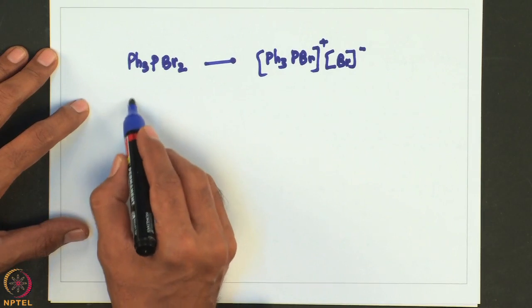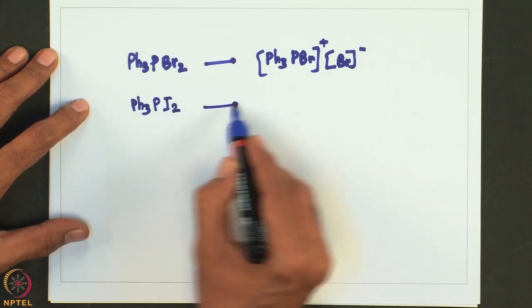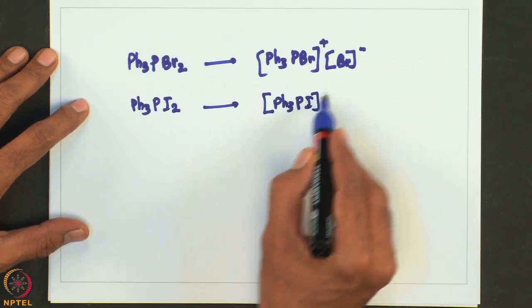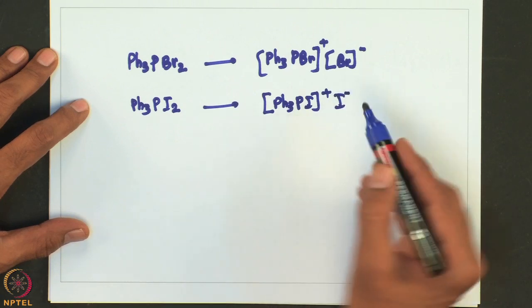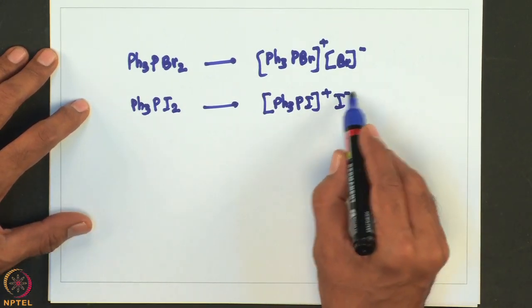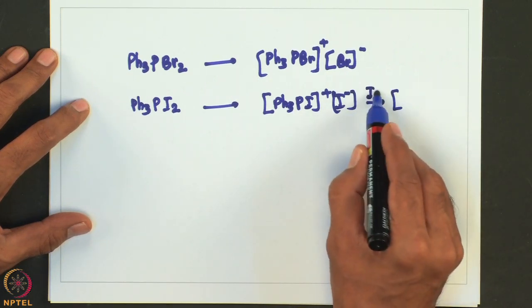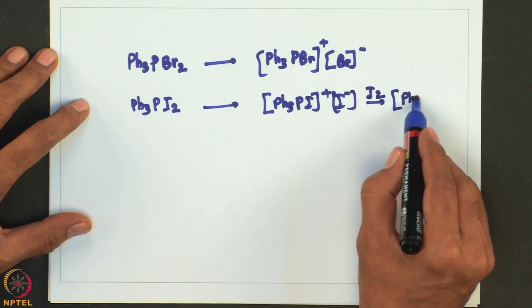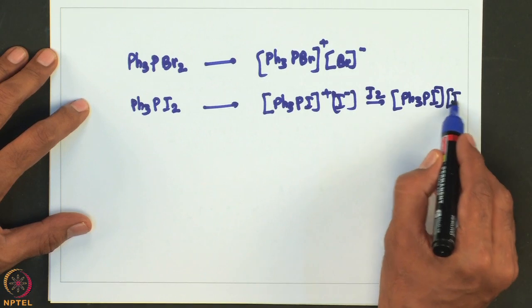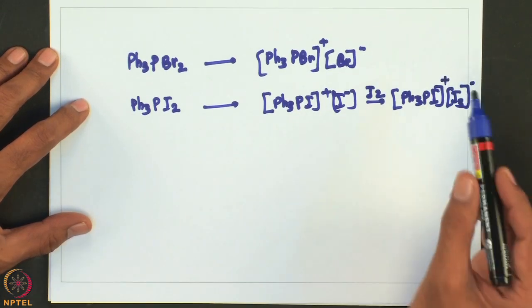Similarly, iodine also forms Ph3P I plus and I minus. Of course, in presence of excess iodine, it can also lead to the formation of I3 minus, or even I5 minus.